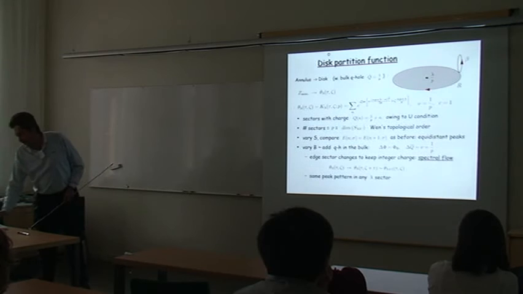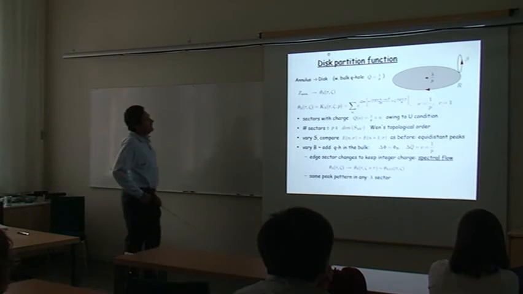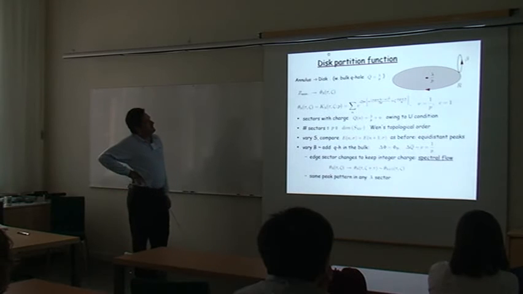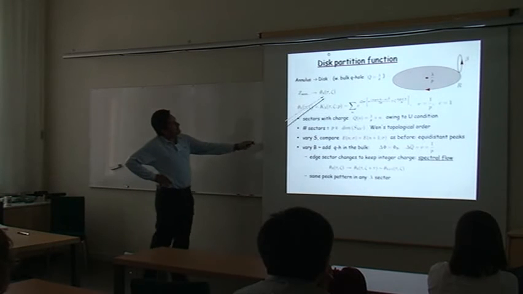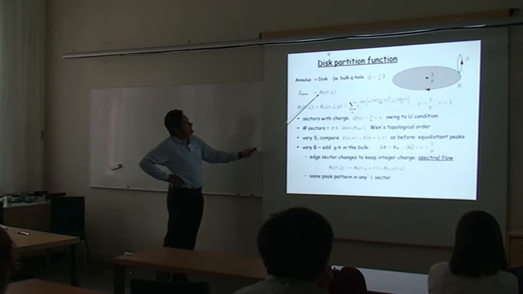Okay. So once we have this annulus partition function, then you can read the different sectors that I call theta lambda. They are only one chiral part. They describe the disk.